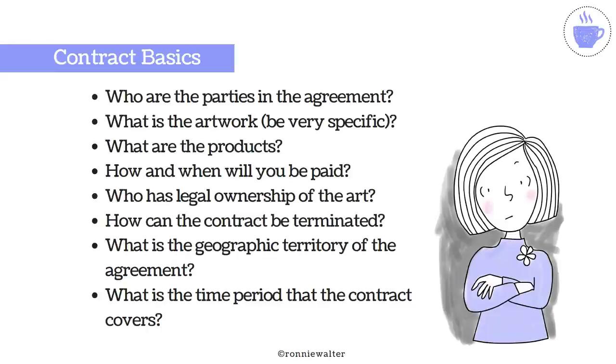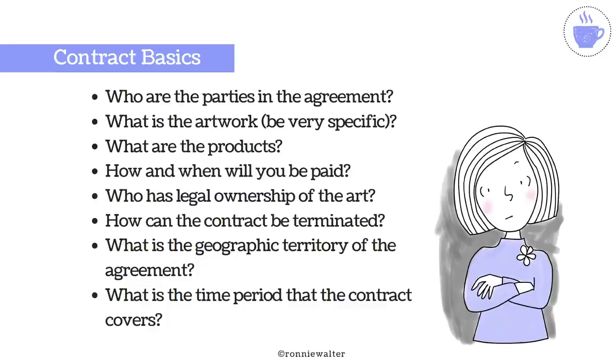Sometimes the artwork will be specified on what is called an addendum, and that is the final page of a contract that will spell out exactly what they are licensing and for what products. So the next one is, what are the products they are doing? Again, that might be handled in the main body of the contract, or it may be in the addendum.